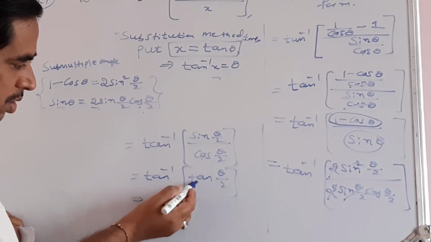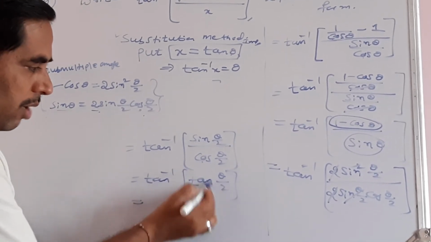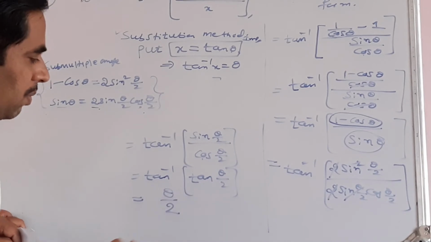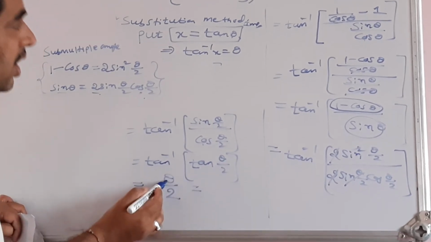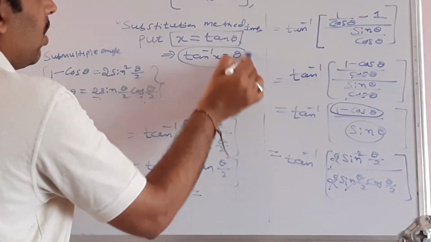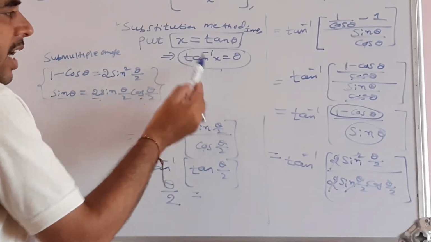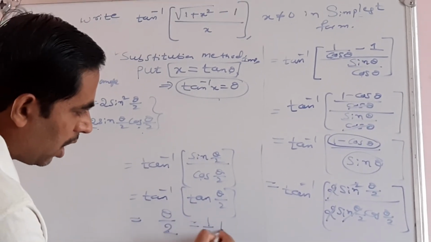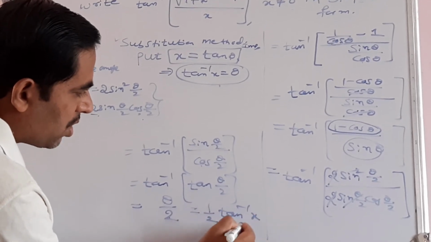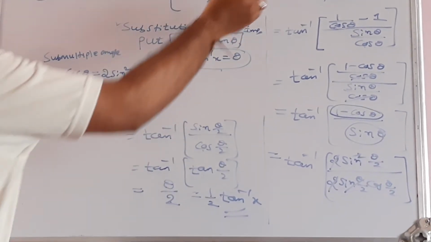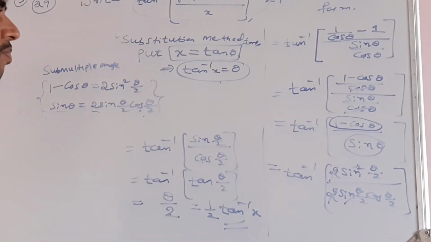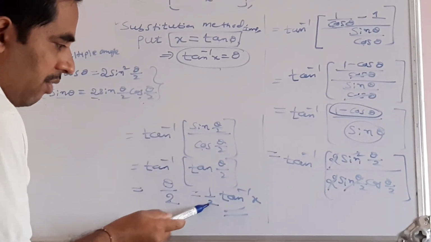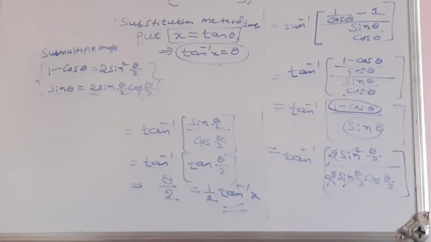So tan inverse of tan, they are inverse to each other, I will get only theta by 2. This theta is tan inverse x, so I will write 1 by 2 as it is, and instead of theta, tan inverse of x. So the simplest form of this given expression is half into tan inverse of x.